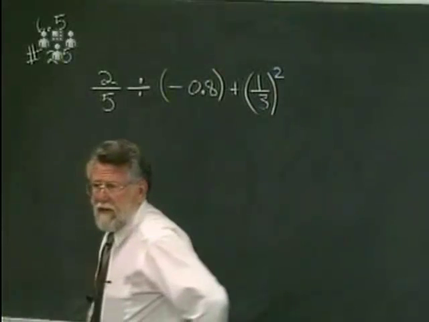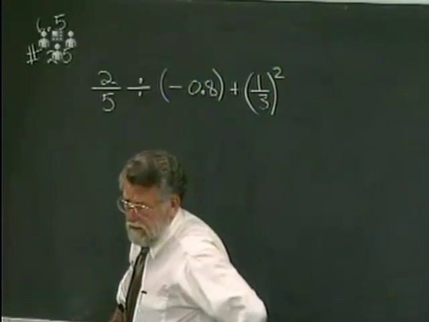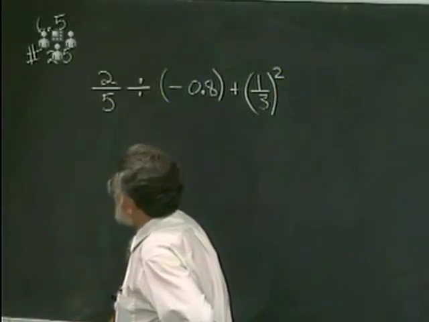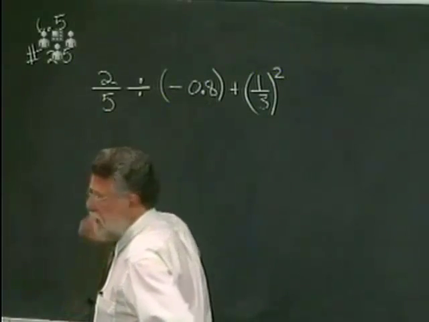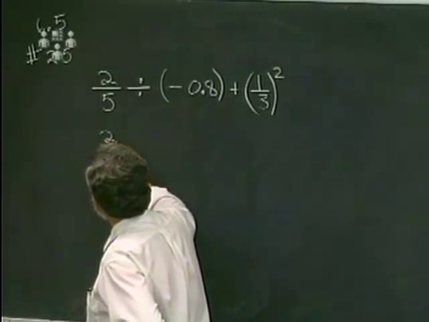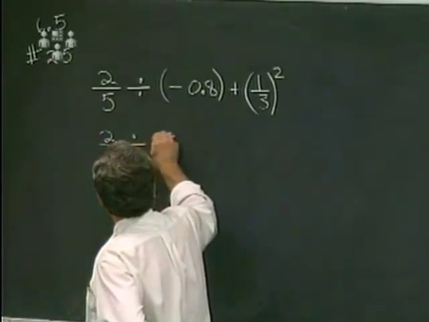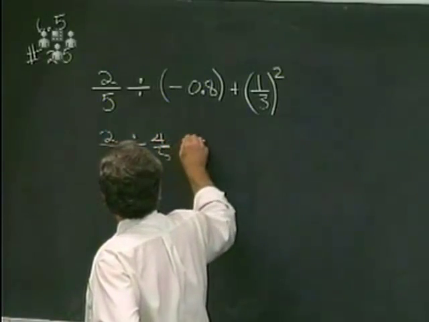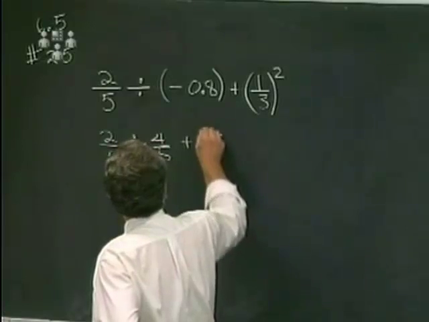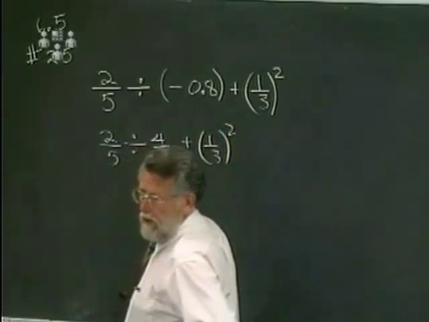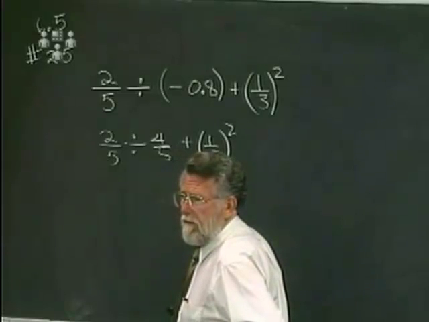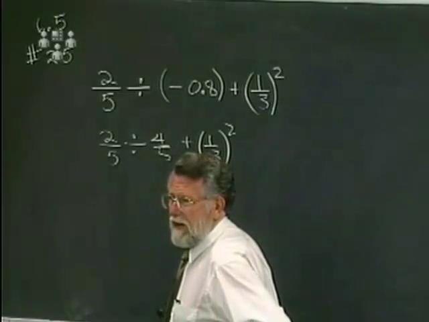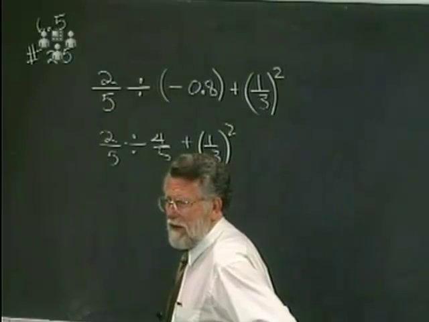Now first, taking it from the standpoint of what you did. The 0.8 is 4/5, right? So you had 2/5 divided by 4/5 plus 1/3 squared. Is that what you did when you converted it to a fraction? No, I put the 8 over 10. Okay. Reduce 8 over 10 for me.